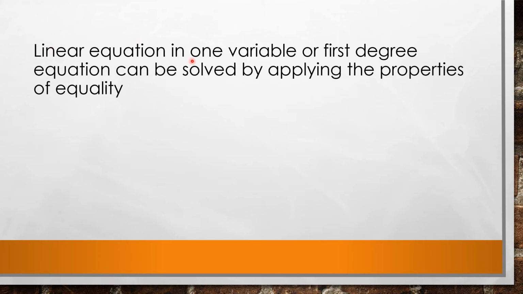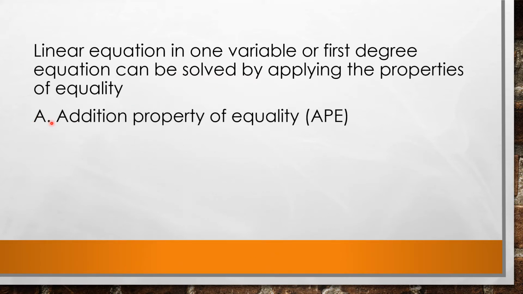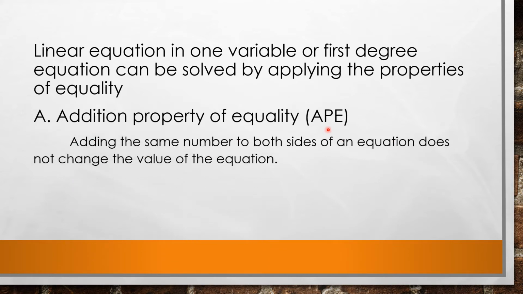Linear equation in one variable or first degree equation can be solved by applying the properties of equality. So the letter A, we have addition property of equality, or APE. Adding the same number to both sides of an equation does not change the value of the equation.